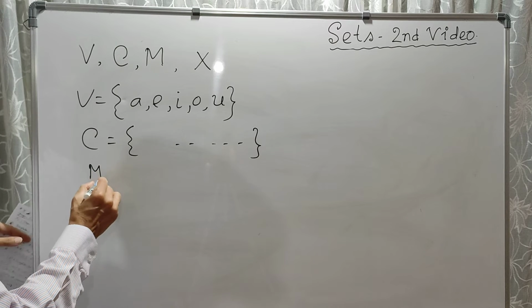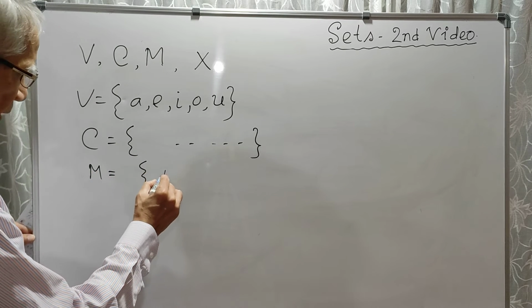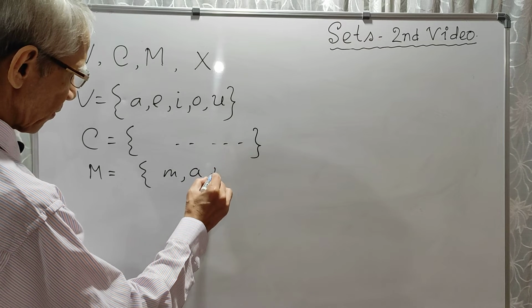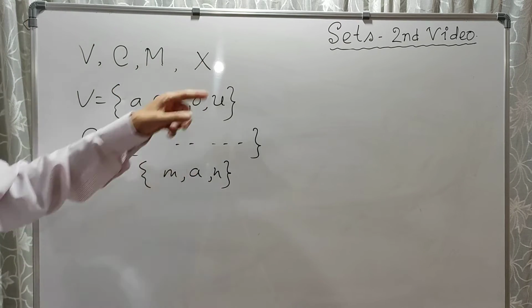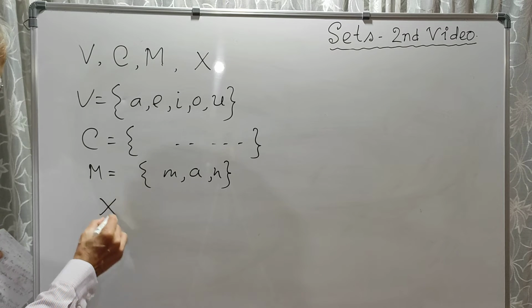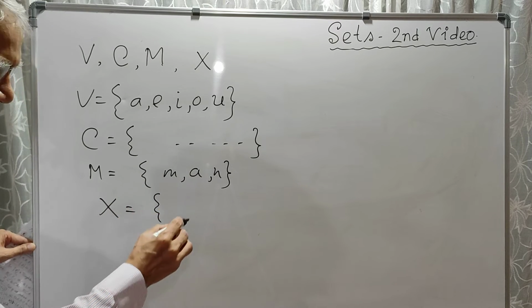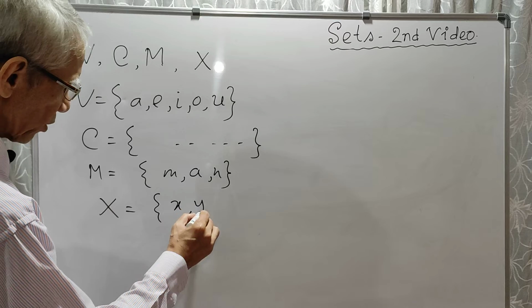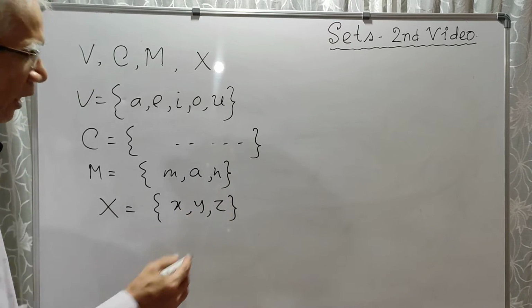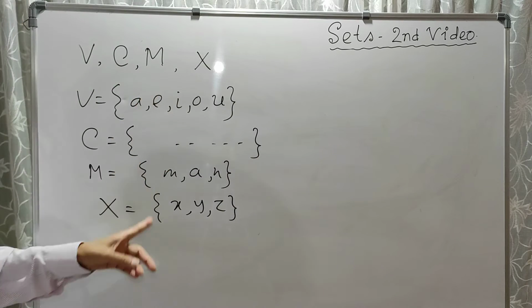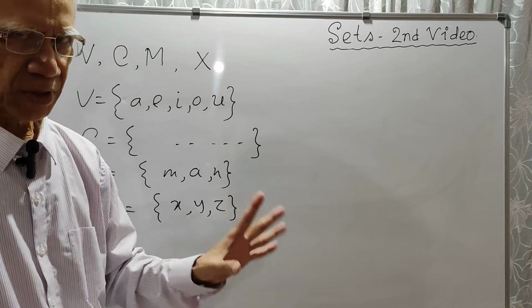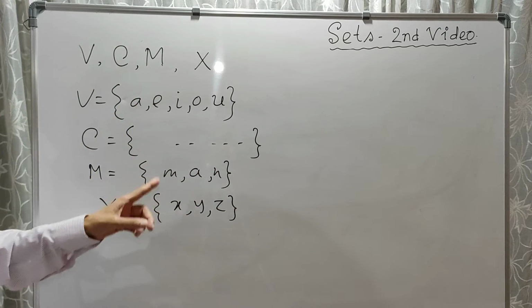Then M is the set of letters in the word man. And then X is the set of the last three letters. Which are the last three letters? X, Y, Z. Suppose for some reason you are discussing these four sets.